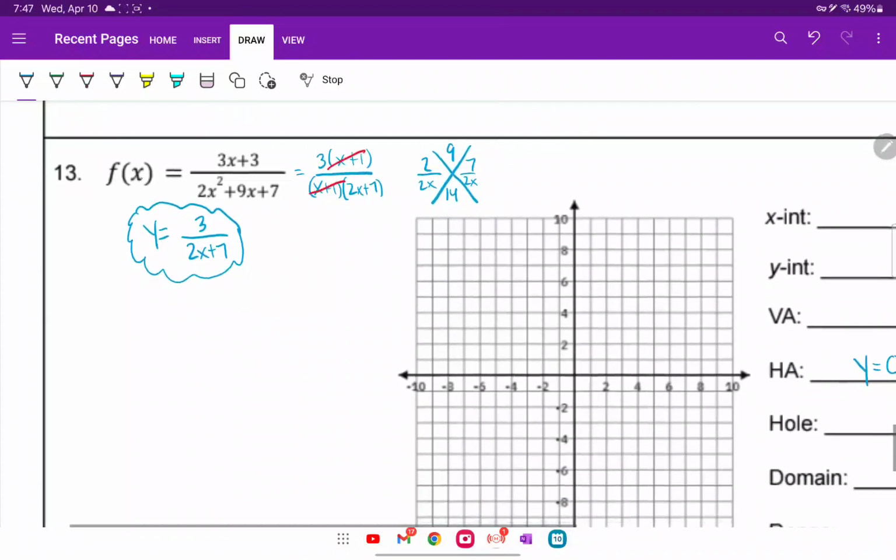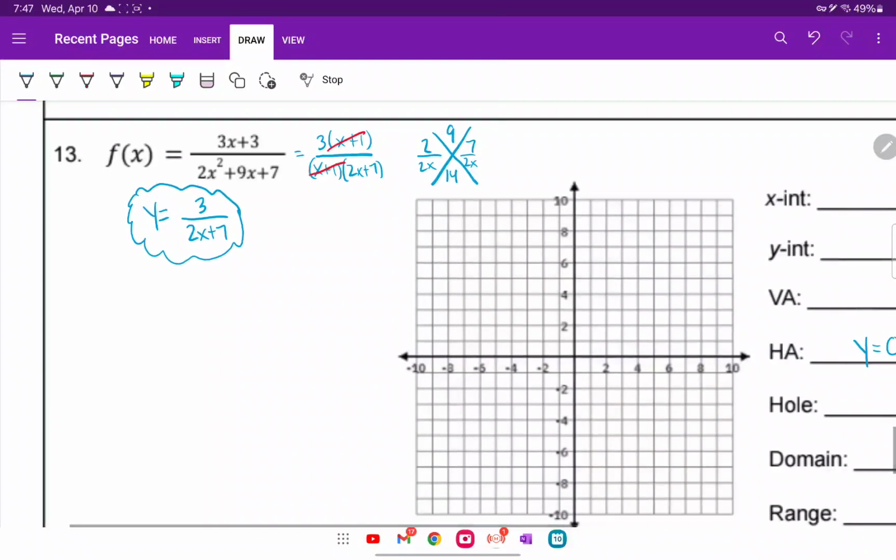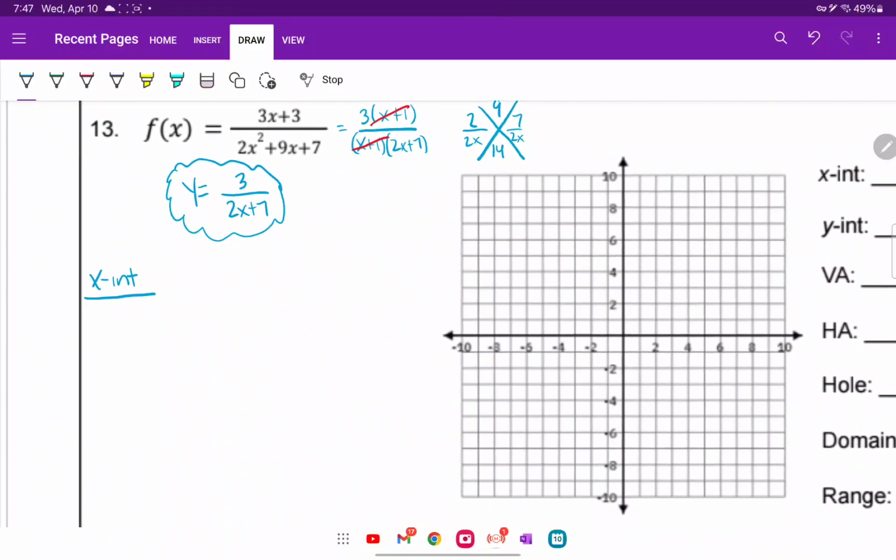All right, and let's just start from the top. So x-intercept. You'll notice we don't have an x at the top, so there is none. Y-intercept, we plug in 0 for x, so y equals 3 over 2 times 0 plus 7.